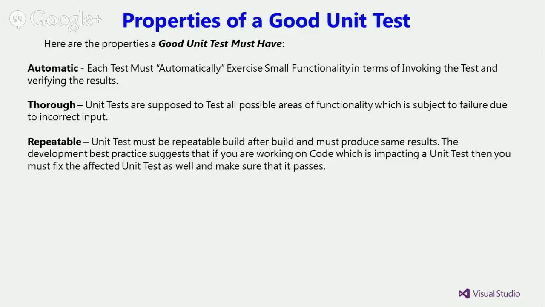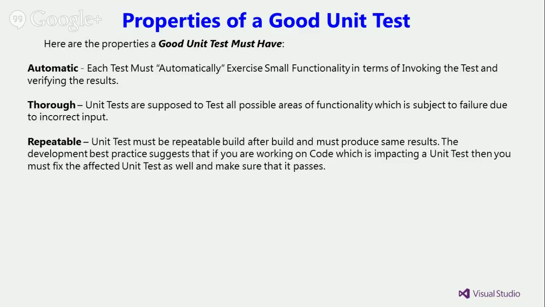That becomes part of your daily build system, your continuous integration system. And the moment there is a check-in, automatically the entire unit test suite will be kicked off. And after that build, if there is any unit test failing, you are responsible to fix it because you broke the unit test.